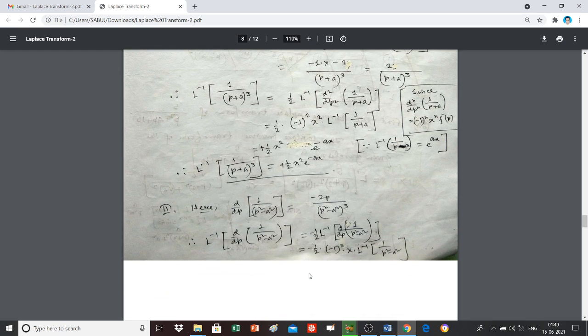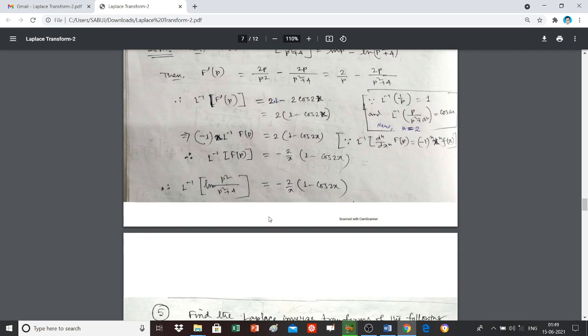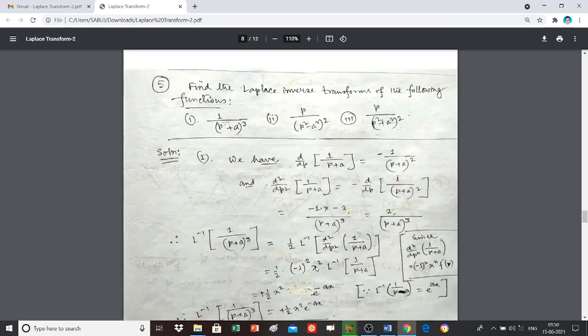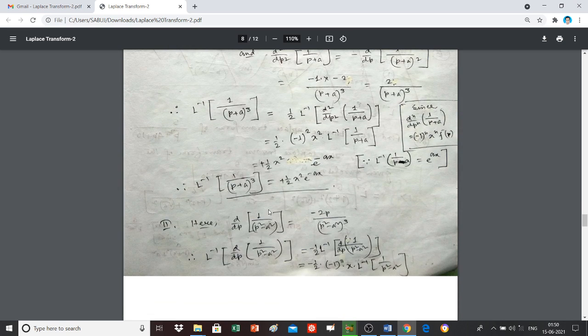The next problem is p/(p²-a²)². We first find out the value of d/dp of 1/(p²-a²), and then L inverse of p/(p²-a²)² is equal to minus half L inverse of d/dp of 1/(p²-a²).